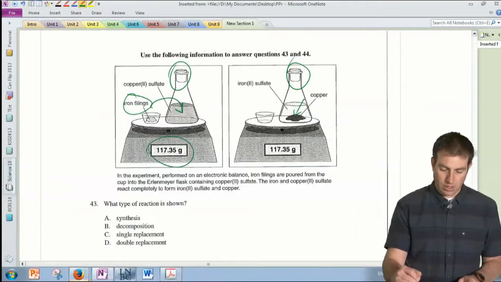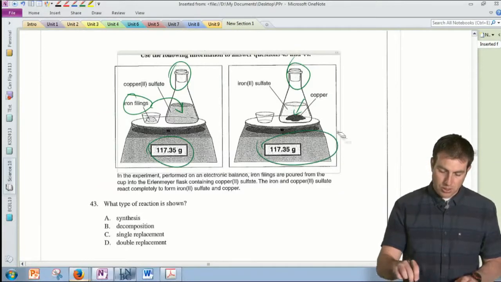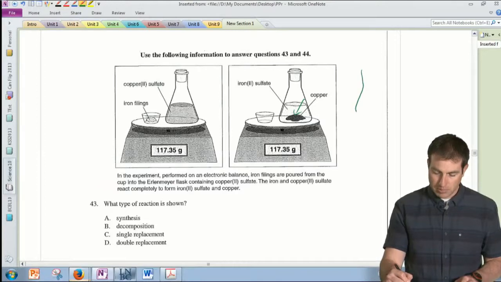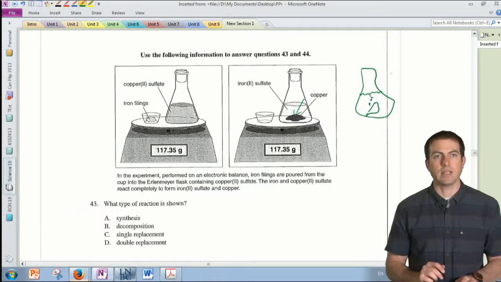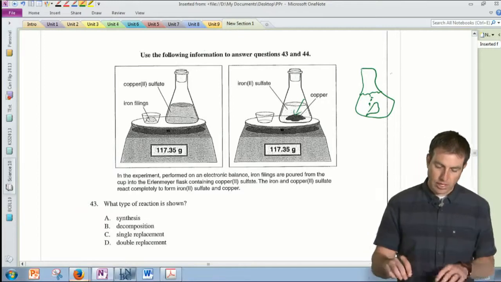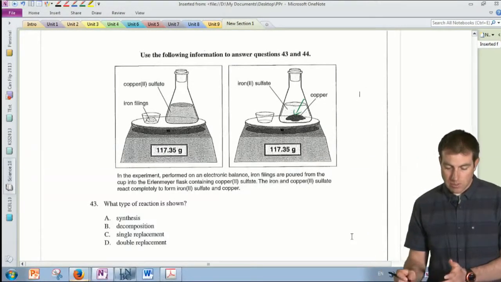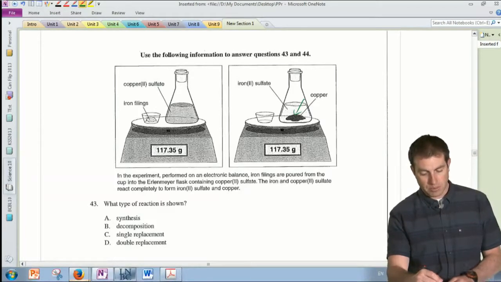You'll notice that the mass doesn't change. I've seen questions with a similar setup. They have a beaker with some acid, and then they put in a piece of metal, and there's little bubbles coming off it. And they say, what type of gas is being produced? It's hydrogen, usually.